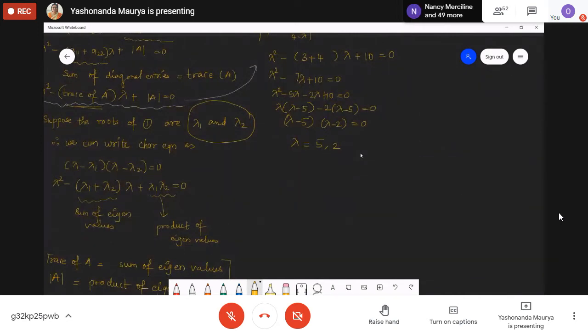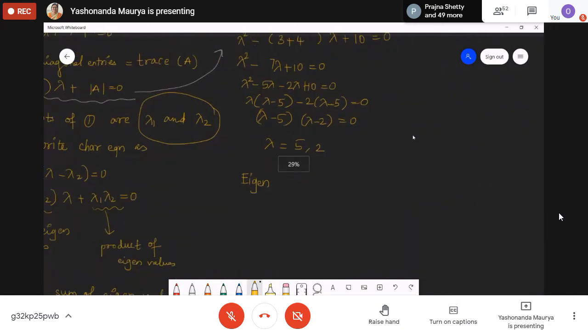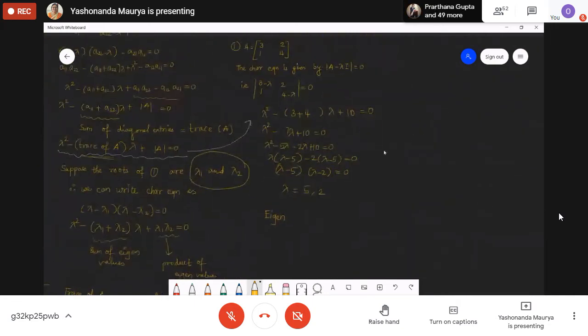For each of the eigenvalues, we have to find the eigenvector. Ma'am, for 10, there should be a product of eigenvalues, no? See, we do not know the eigenvalues right now. We can use that provided the eigenvalues are known to us.